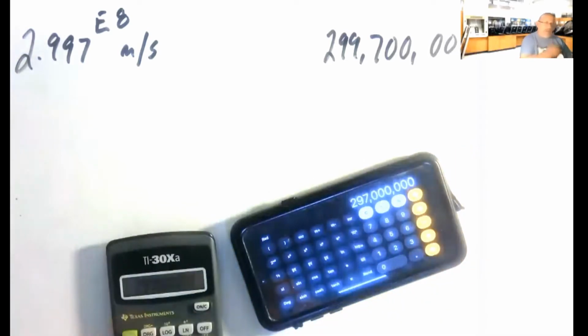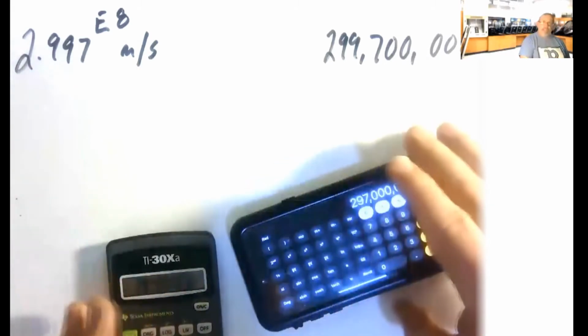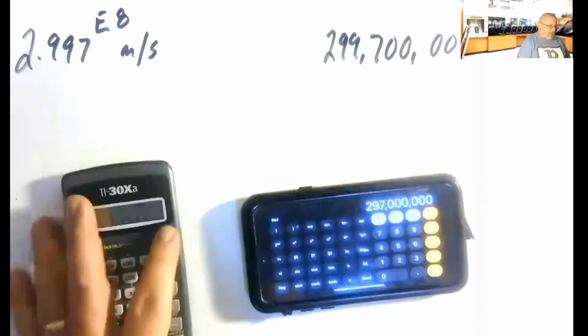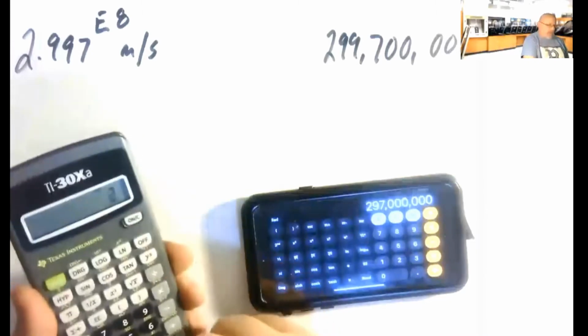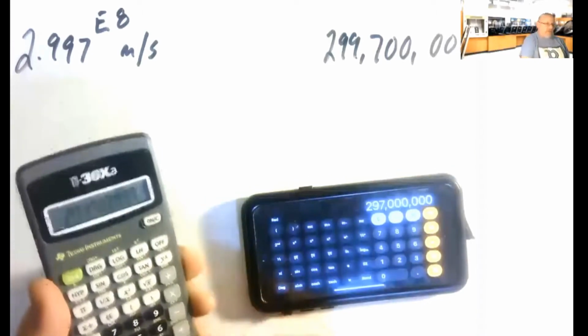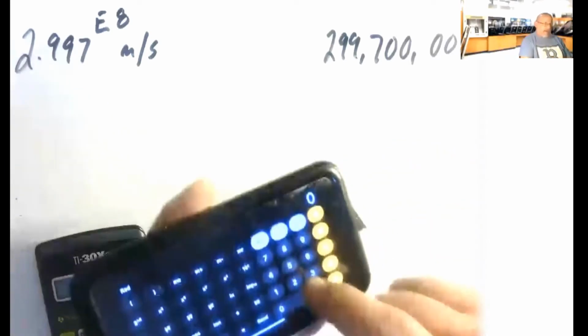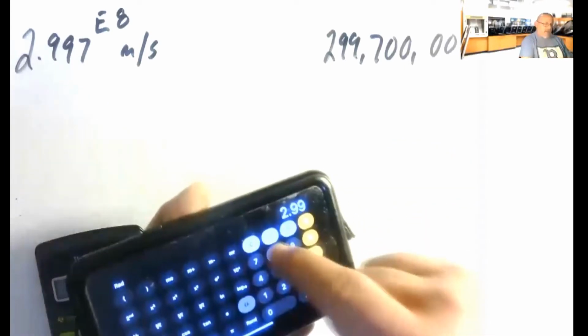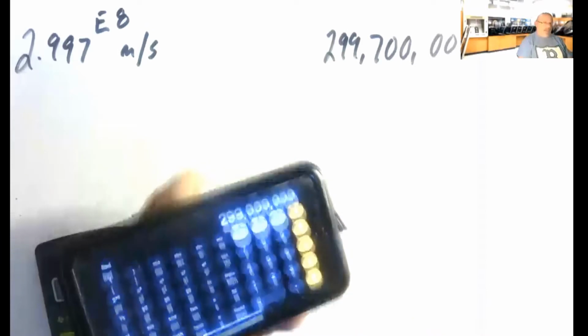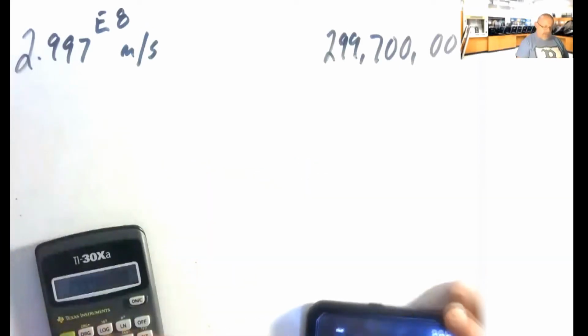If you are absolutely determined, you can put them in that way. But again, every time you push a key, that increases the chances that something bad will happen. Wouldn't it be much better to go 2.997E8 like that? Because I get the same result. It's easy that way.